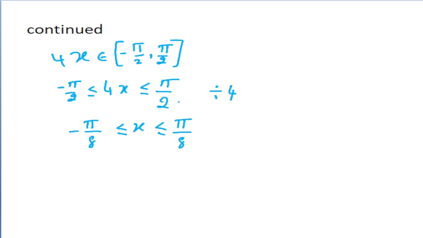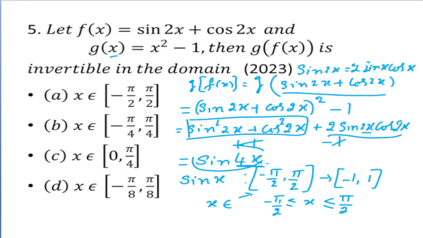Again, pi by 2 divided by 4 is pi by 8. Now, for the given function, x belongs to the minus pi by 8, plus pi by 8 closed interval. Let's see. Now, our option D is the right answer.